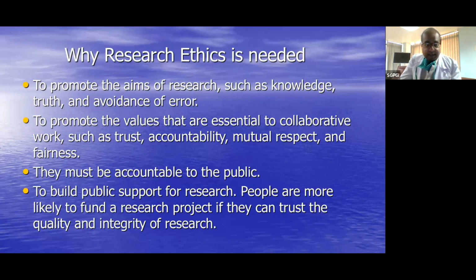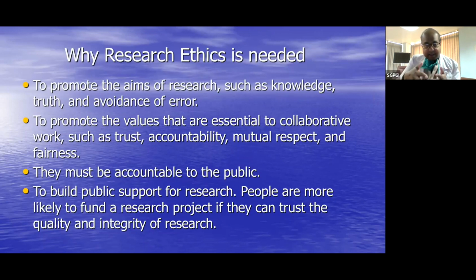Now, the second important thing is that it promotes the value of essential collaboration. So if you want to discuss with your colleague, your PhD student in one department or a DM student in another department, and they want to discuss something interesting they found in a patient or in their experiments, first they have to be able to rely on each other. You don't want to talk to someone whom you think can take away your data and publish it in his name.